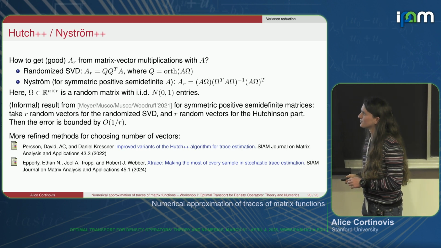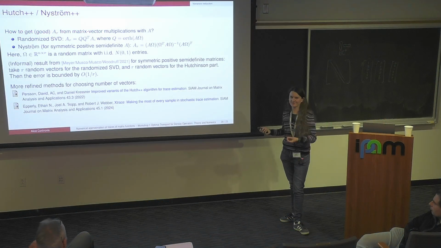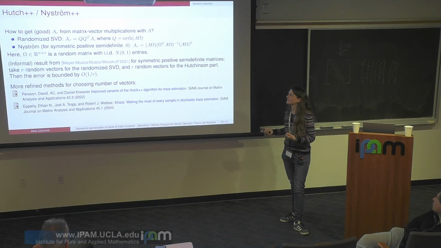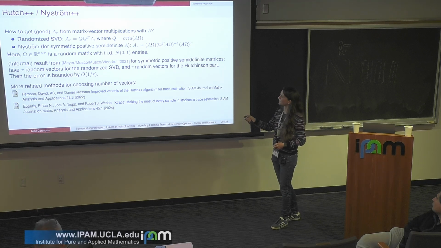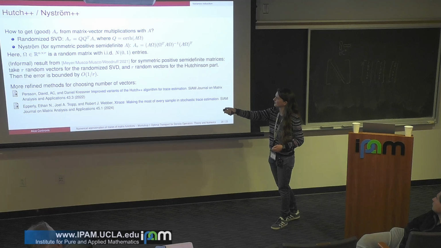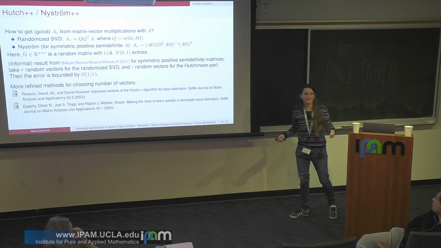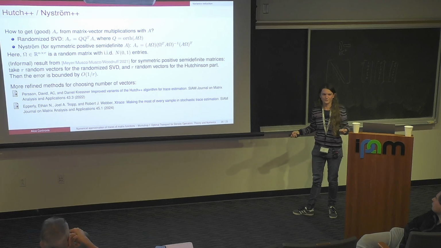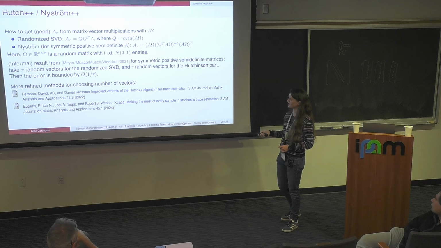We tried to give an adaptive version of this algorithm in which you start multiplying with a small matrix here, and then during the algorithm, you try to understand how many samples you actually need. But okay, I won't go into details about that.